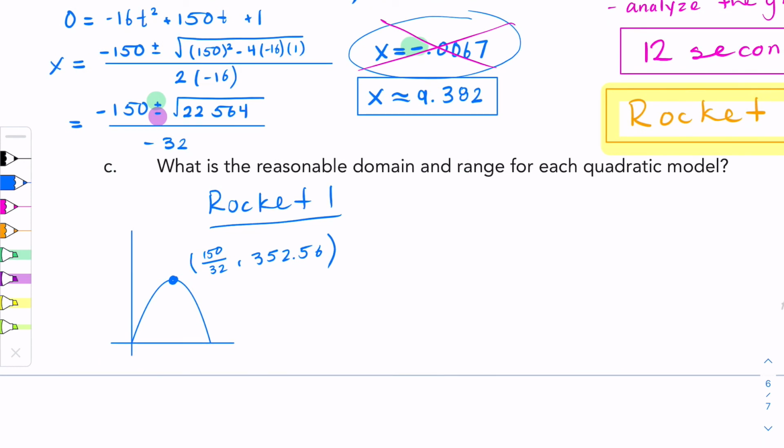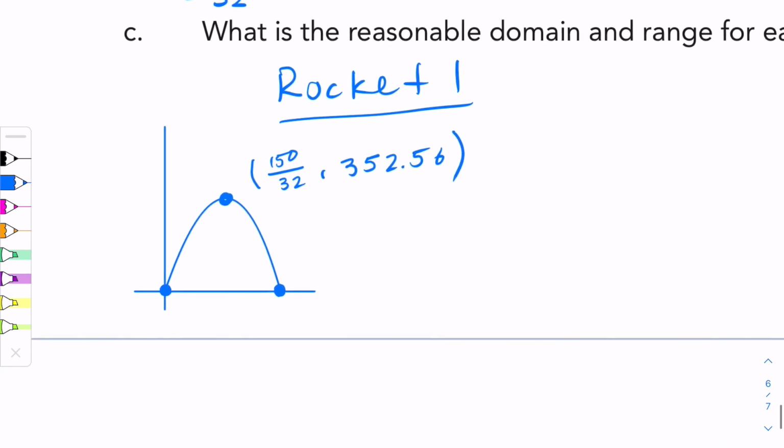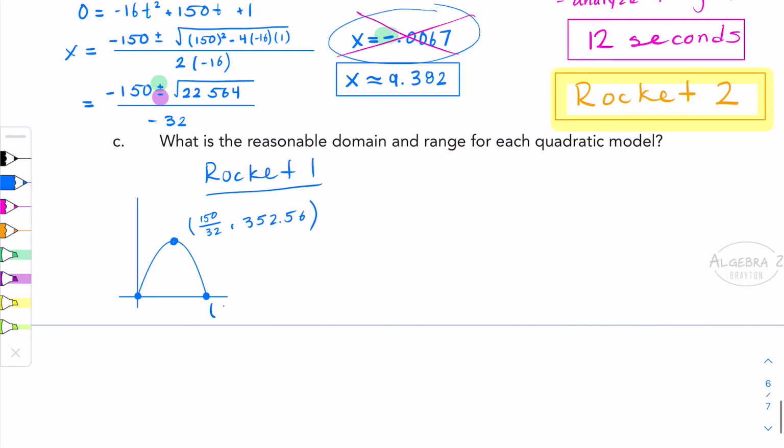We know that this graph starts a little higher than 0, but starts right here. And it ends right here. This point is at 9.382, comma, 0. That's our x-intercept.